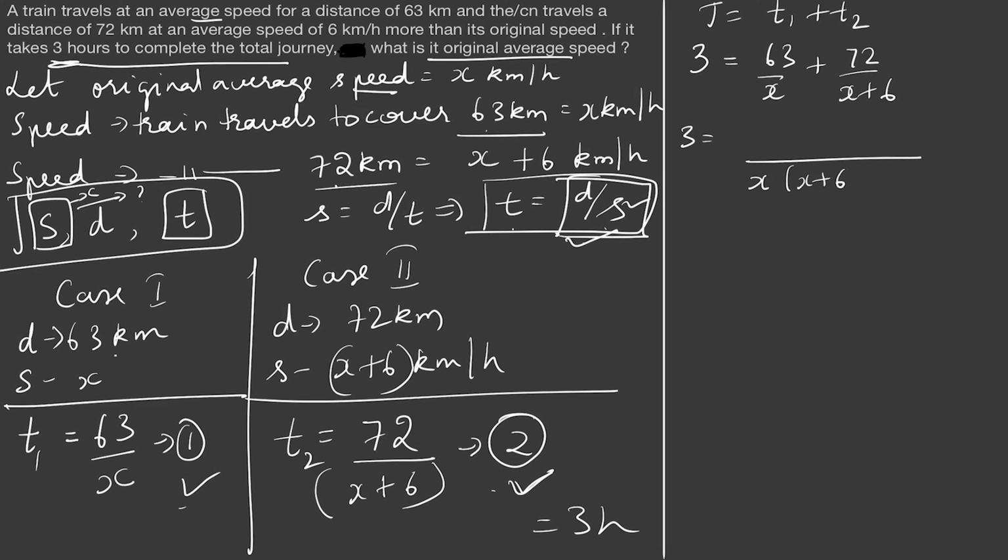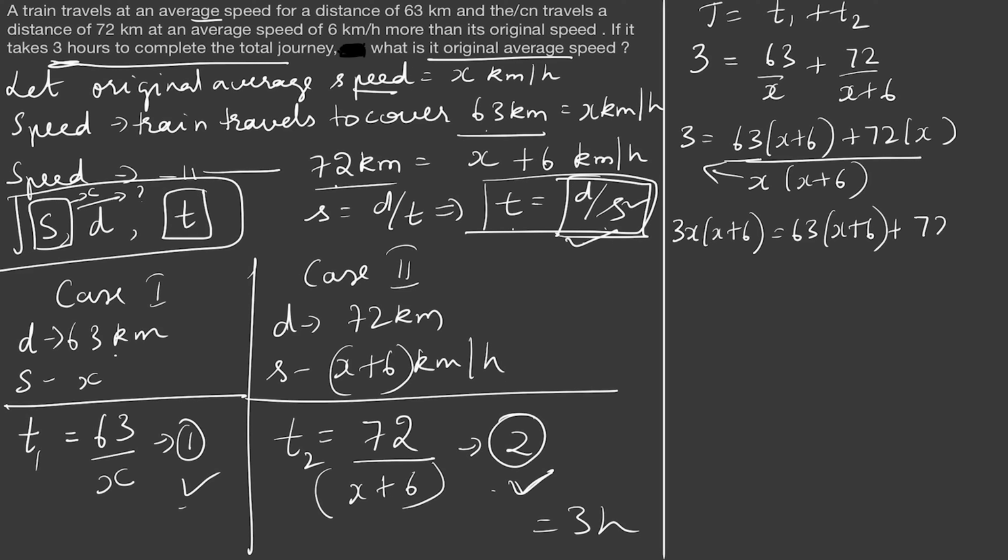Since denominators are different, let us take LCM, that is x into x plus 6. Changing the numerators, 63 into x plus 6 plus 72 into x. Take the denominator to the LHS, that is 3x into x plus 6 is equal to 63 into x plus 6 plus 72x. On multiplying 3x, we get 3x square plus 18x, that is equal to 63x.